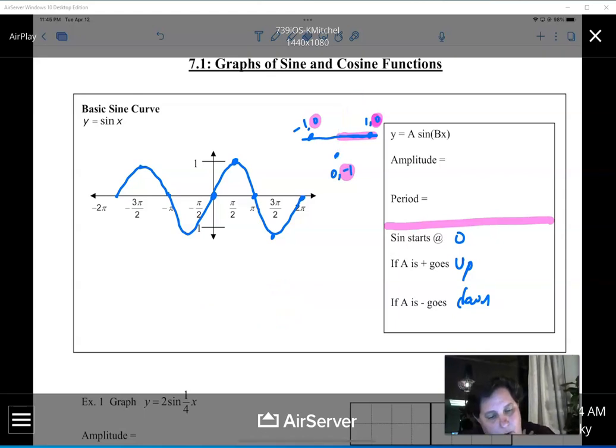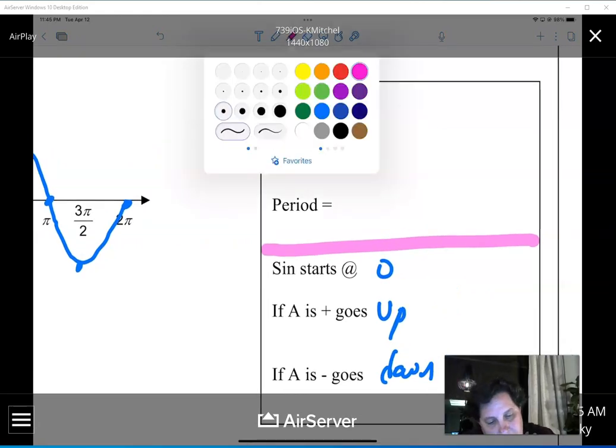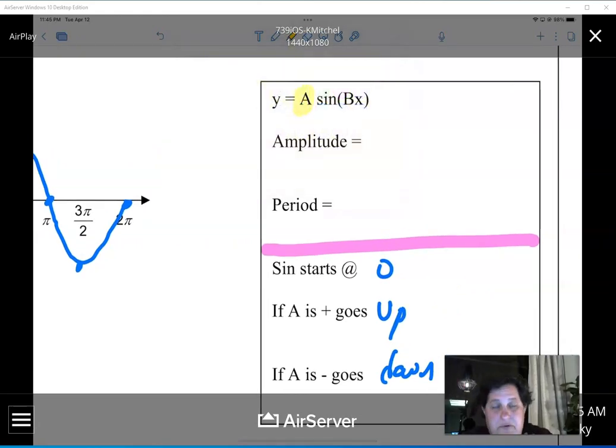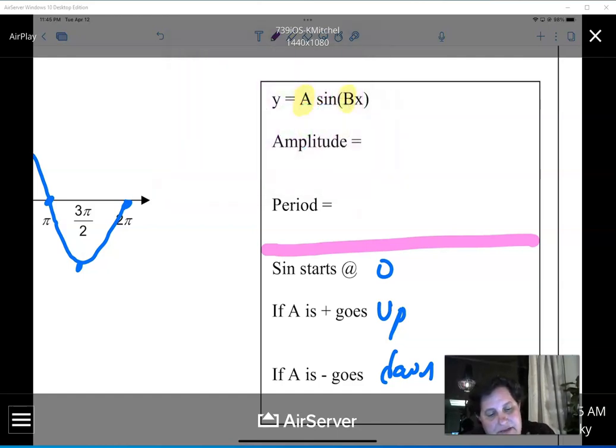Now, first, let's go ahead and change the amplitude and the period. In front of sine, we have A. Sometimes we can put a letter in front. We have B. A and B represent the constants that are in those positions. The amplitude is the absolute value of whatever A is.